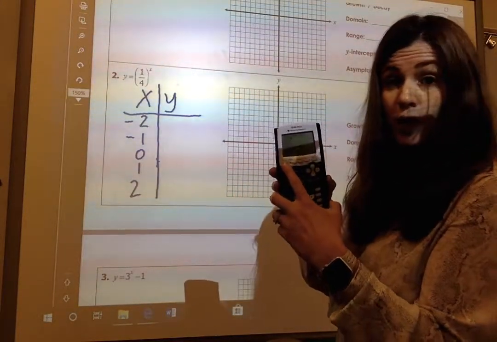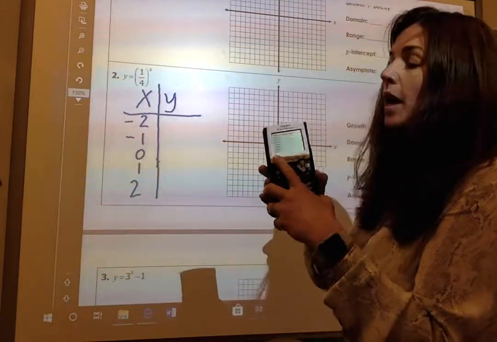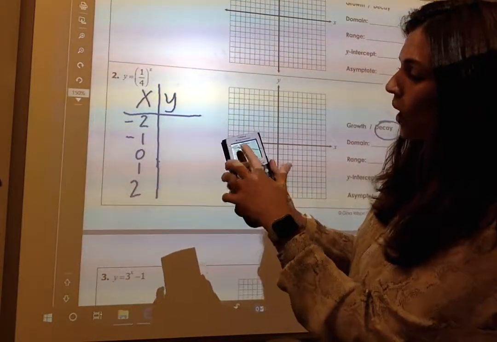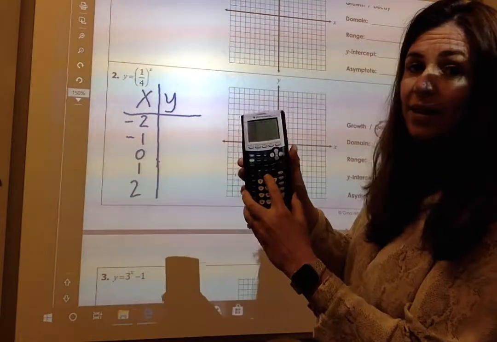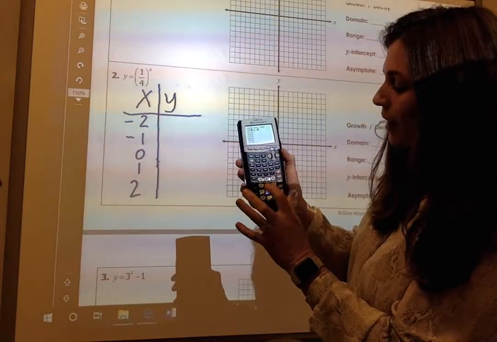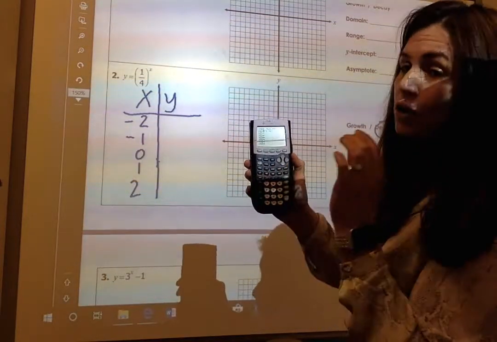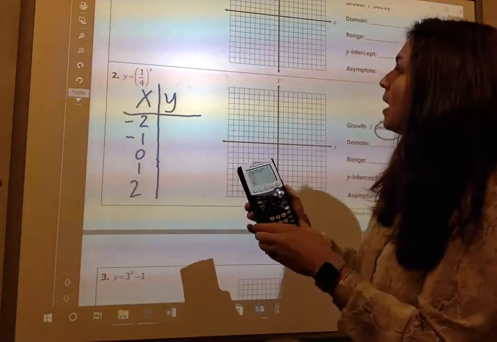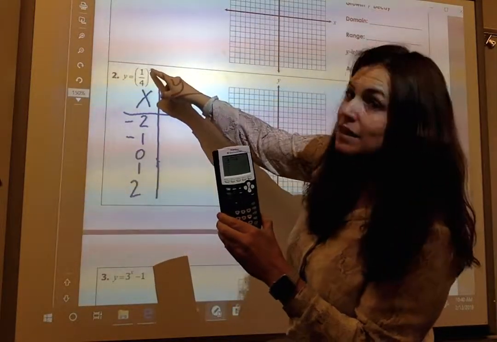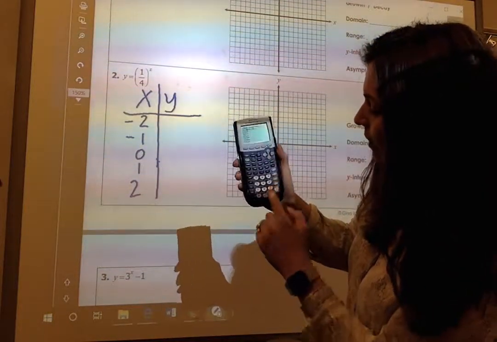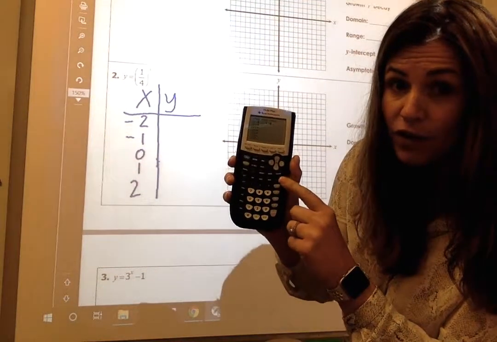I'm going to go to the function screen where it says y equals, and watch how I type this. I'm going to go y equals, open parentheses, which is above the 8, and type 1 divided by 4, close parentheses. You've got to close your parentheses or your graph will not read correctly. And then to get to the exponent, I'm going to use the caret, right above the division sign.